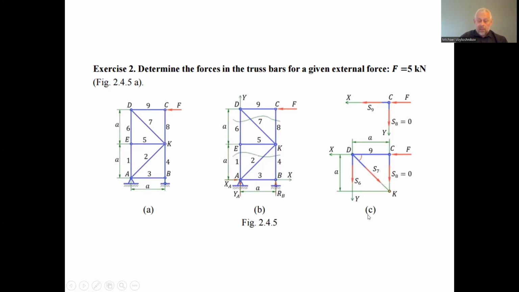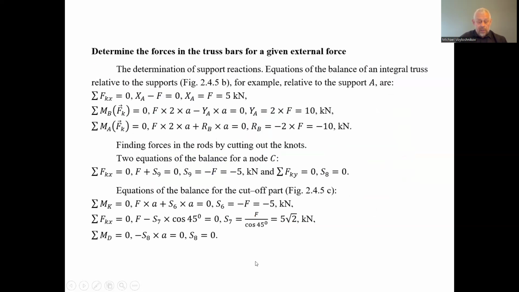So we consider the balance equation: the acting force on the node C and the force in the 7 bar have to be in balance, and the force in the 7 bar is the magnitude of the force F divided by cosine 45 degrees, 5 times the square root of 2.